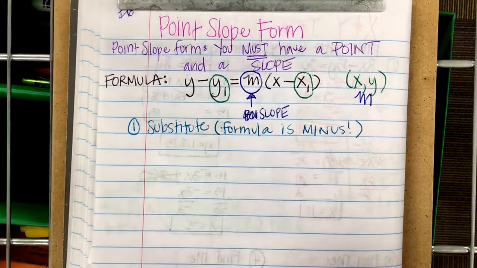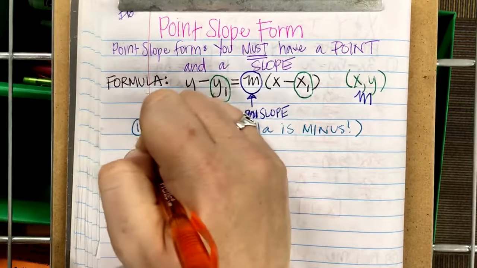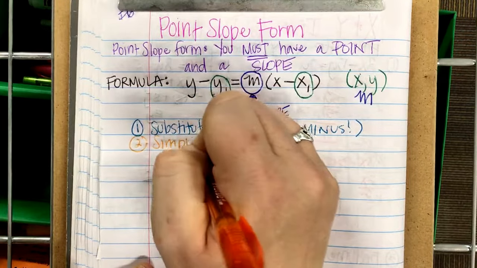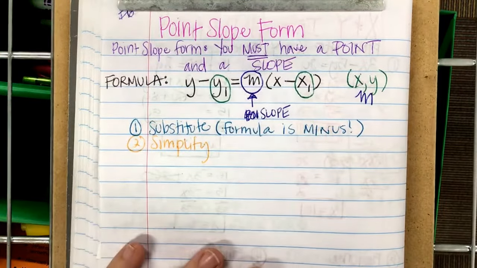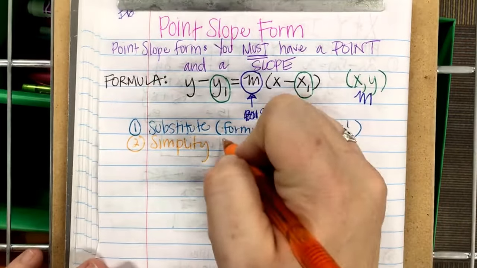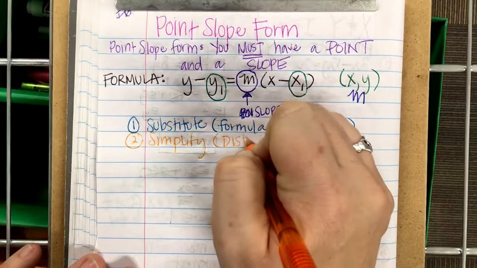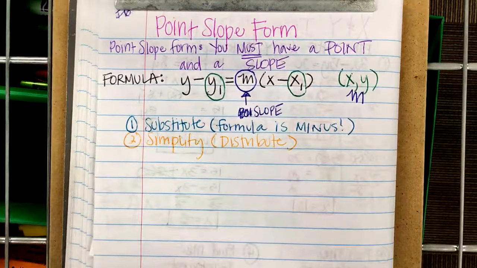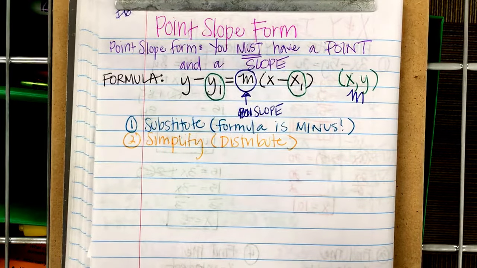After you substitute, then you simplify. Which is distribute, right? Because you have parentheses, and anytime you have parentheses, you have to get rid of them.